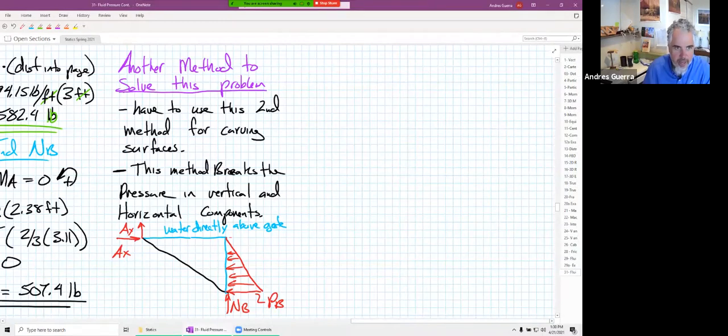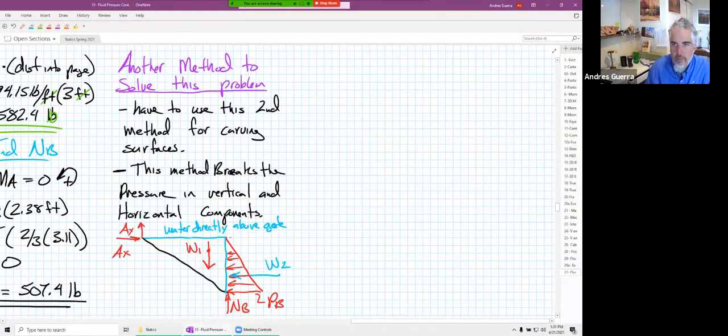So at the centroid of the area, we're going to have a distributed load. I'm going to call this one W1, and we'll talk about how we're going to find that. And then at the centroid of the pressure, we'll have a W2.